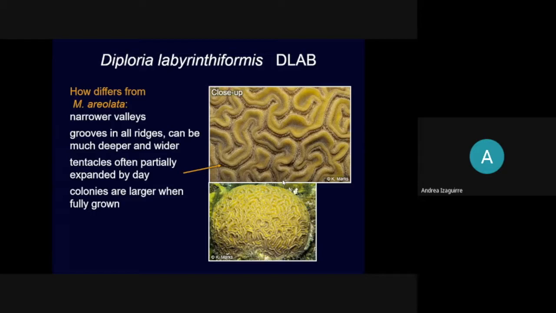In these surveys, we're for the most part excluding the very small corals because we're interested in all of the bigger colonies. So don't worry about it too much. Again, the distinction in the groove is going to be your biggest clue.